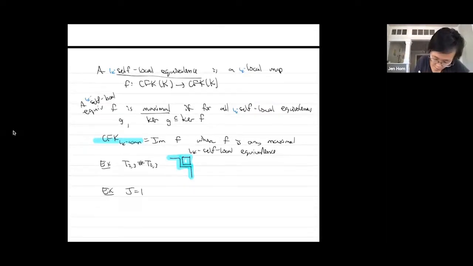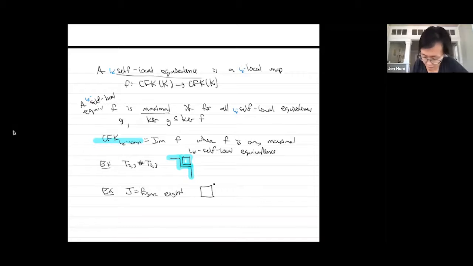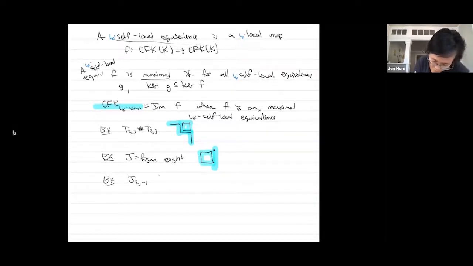Similarly, the figure 8. Again, iota K sends part of the square to this isolated generator, so the iota K connected complex is again the whole thing. If you were to look at the (2,-1) cable of the figure 8, these are two rectangles and a single generator.